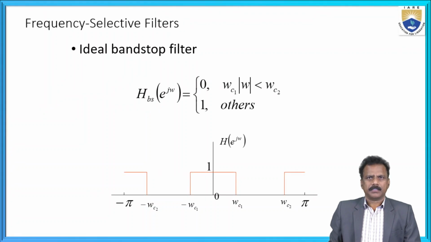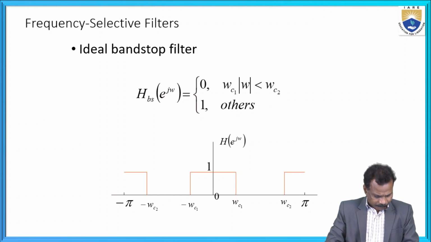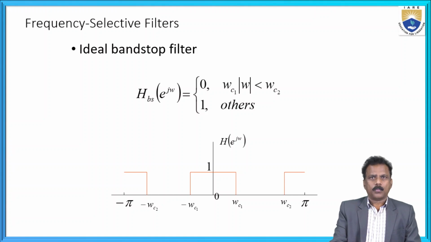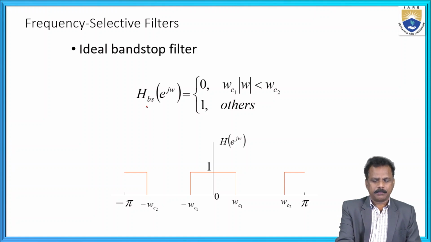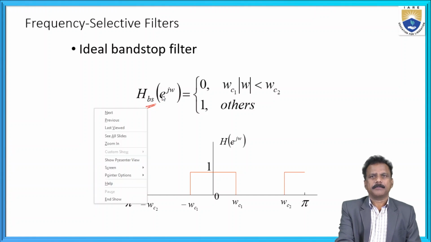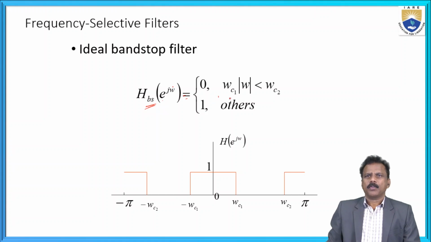Frequency selective filters: the ideal band stop filter. H_BS of e power j omega is equal to 0 for omega c1 less than mod omega less than omega c2, and 1 otherwise. These are the frequency selective filters.